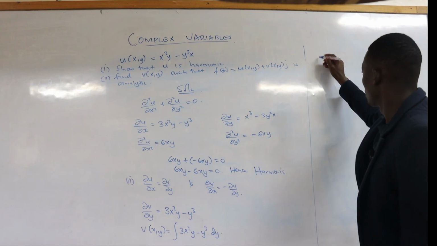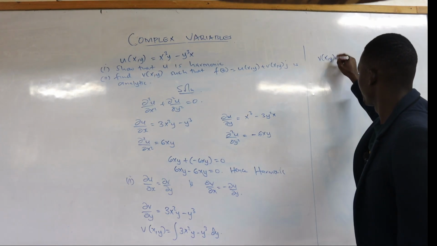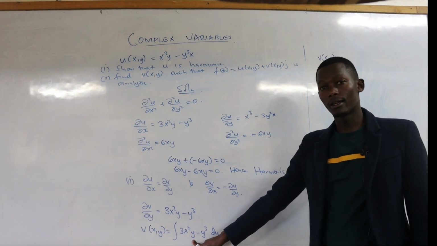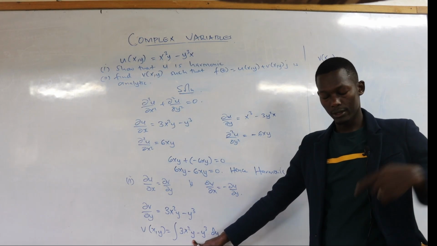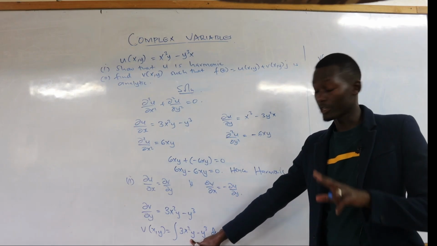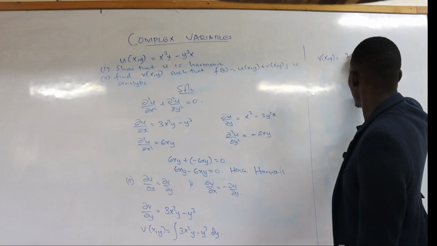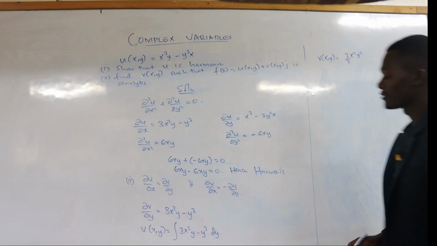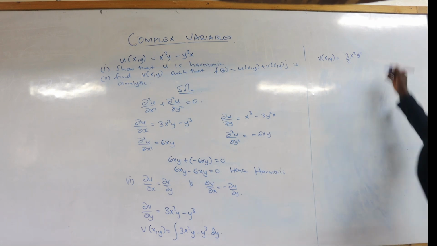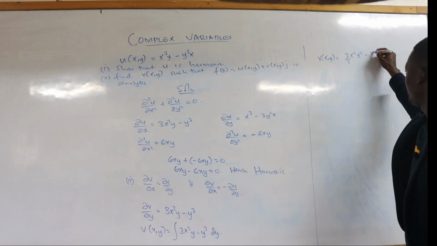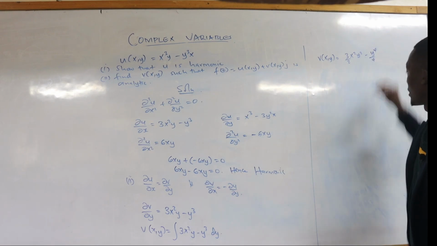So therefore, your v of x y will be given by increase the power of y, then divide by the new power. So it is to power 1 now, so it becomes to power 2. So you'll have 3x squared y squared, then divide by the new power, so you can just have our 2 there. Then minus, this one is power 3, increase it, becomes power 4, then divide by the new power.